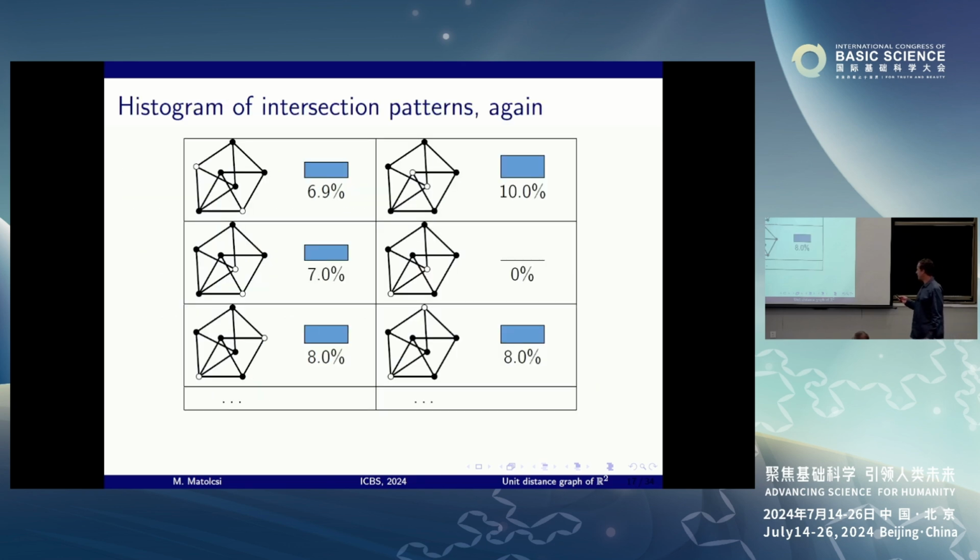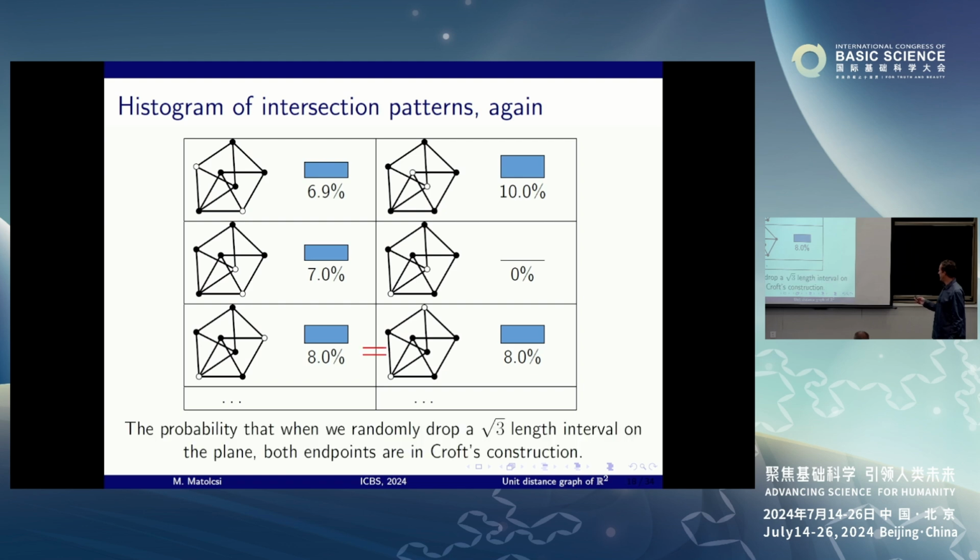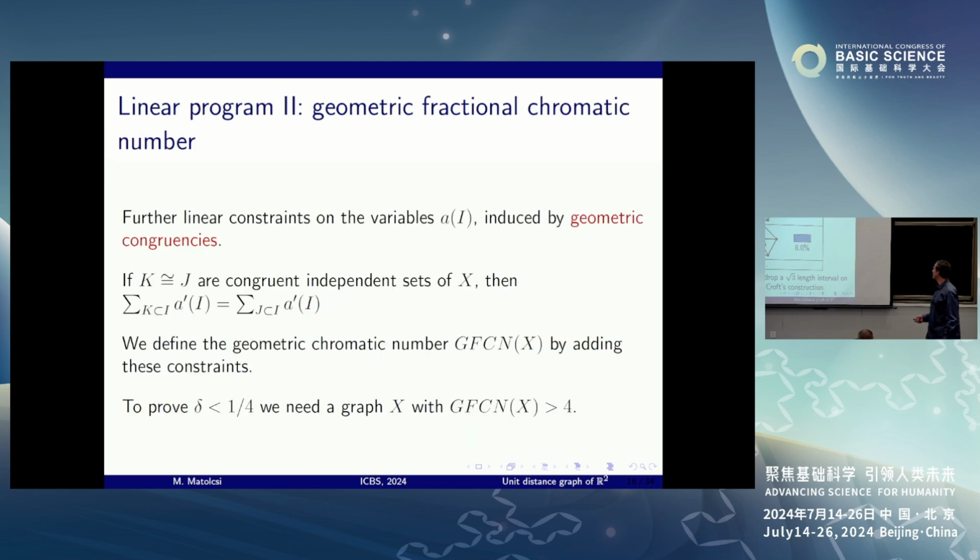So let's look at the histogram again. I think I just included these slides again to convince you once again that there is no coincidence that these two numbers are equal to each other, because both of them are the same as the probability of dropping a random segment of length square root of 3 on the plane and hitting the one avoiding set.